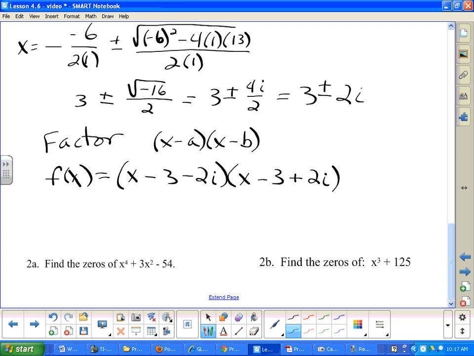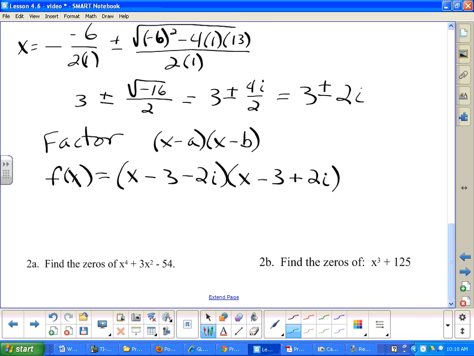So I'm going to be doing the opposites, because of the minus, it would be the opposite. So the opposite of 3 plus 2i is negative 3 minus 2i. The opposite of 3 minus 2i is negative 3 plus 2i. And so there we have the factors.